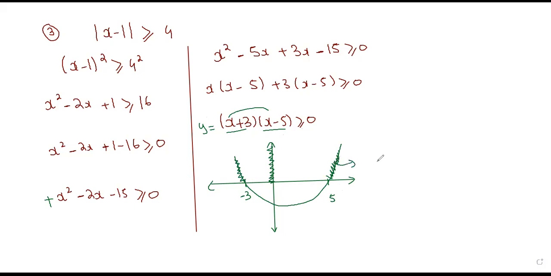So for this one, x is greater than 5, and for this one, x is less than −3. So finally, the answer is going to be x < −3 or x > 5. So this is going to be the answer of the question. All right, okay. So yes, that was basically the third question from the same topic.